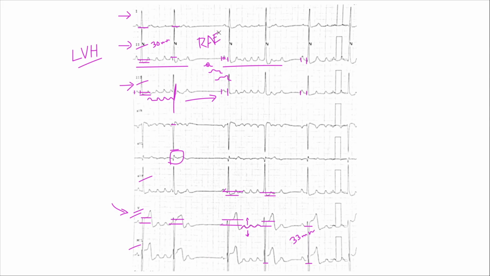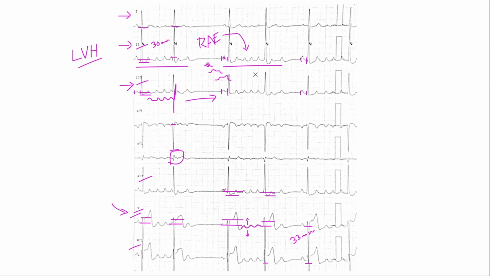Now, when we put all of that together, we have some sort of strain going on here, right? There's ST elevation. We most likely have LVH. We most likely have right atrial enlargement. Right atrial enlargement will give you cause to see atrial flutter. So any atrial enlargement, any atrial anomalies of any kind, you're looking at possible fibrillation, possible flutter, possible atrial tachycardias.